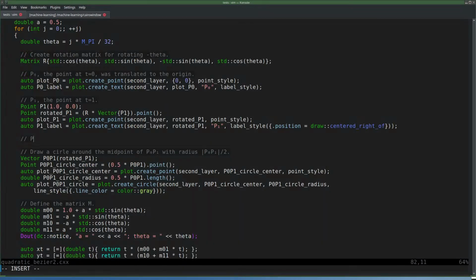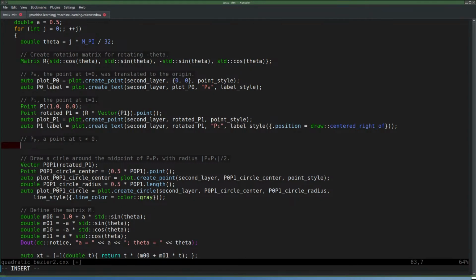So, P beta, that's interesting. P beta. A point at t less than 0. And then I guess I'll have to call it P beta prime.